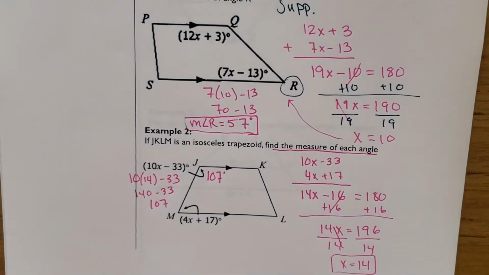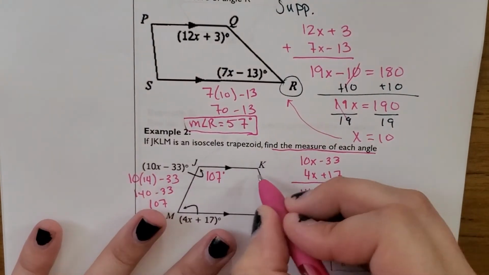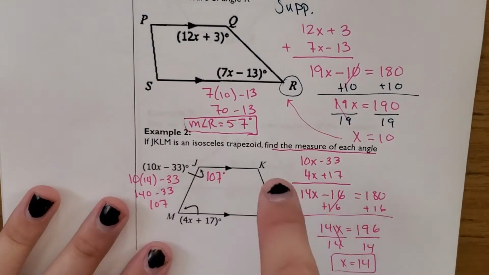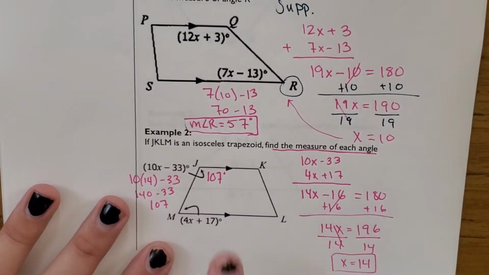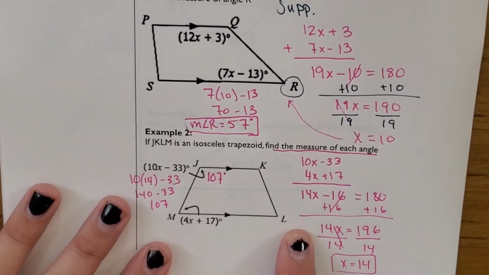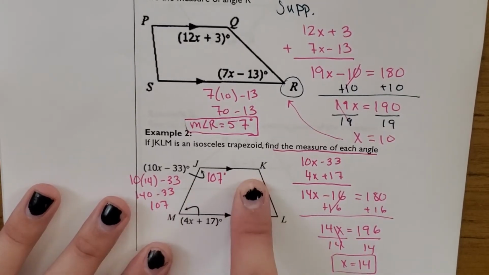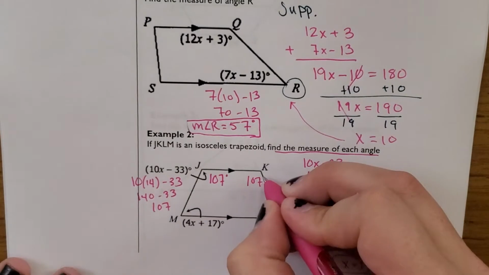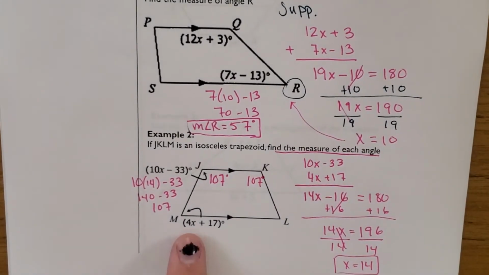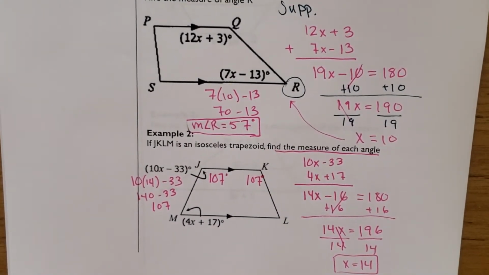Again, because of the properties of trapezoids, we know that if angle J is 107 in an isosceles trapezoid, the other base angle is also 107, since JK is a base. Trapezoids have two bases, kind of weird. JK is a base and ML is a base. Since JK is one of the bases, both angles are 107. Similarly, you could plug in 14 down here if you wanted to, but you don't have to.